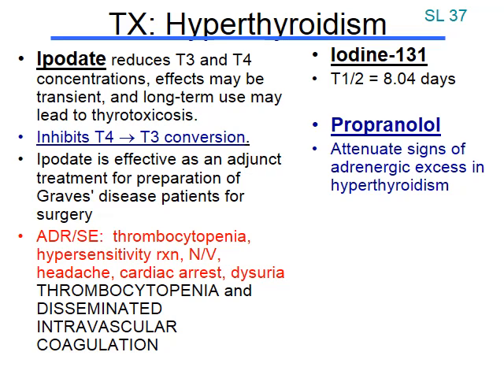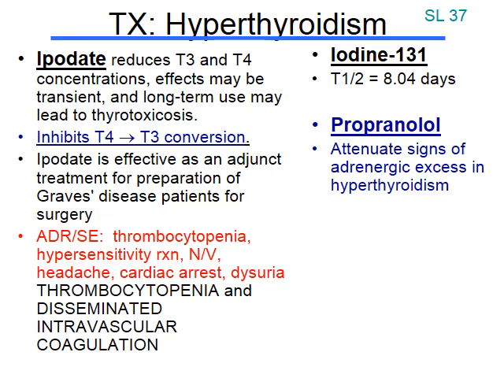But in the short term, Ipodate inhibits T4 to T3 conversion. It's used successfully as an adjunct treatment in preparing patients with Graves' disease for surgery to remove their thyroids or to have their thyroids partially removed.